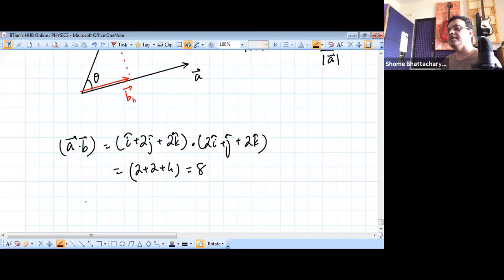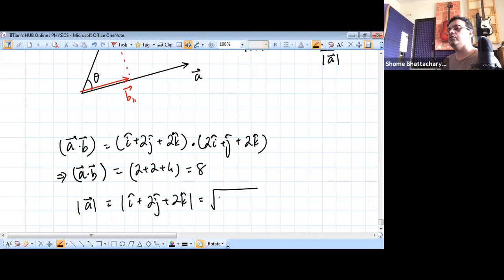Whereas the magnitude of the vector A is mod of i cap plus 2j cap plus 2k cap. That is square root of 1 plus 4 plus 4. That's 3.